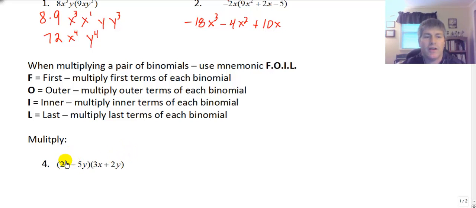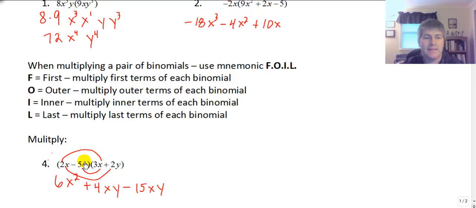So FOIL tells us to multiply, so we'd multiply 2x times 3x, and we would get 6x squared. And then it tells us to multiply the outer terms, 2x times negative 5y, so minus 10xy. Wait, the outer terms give 2x times 2y plus 4xy. And then the inner terms, 5y times 3x, so minus 15xy.